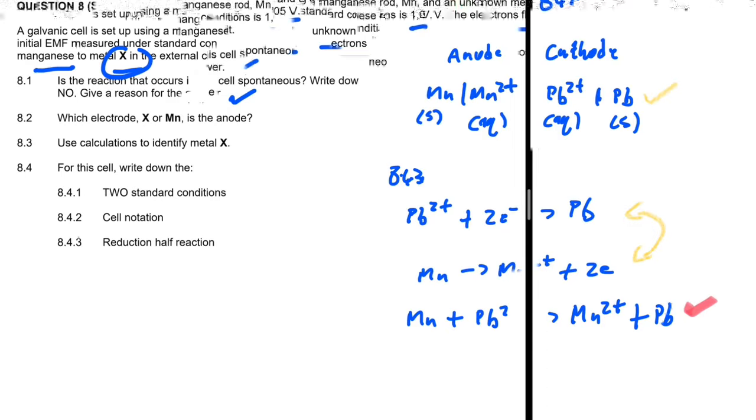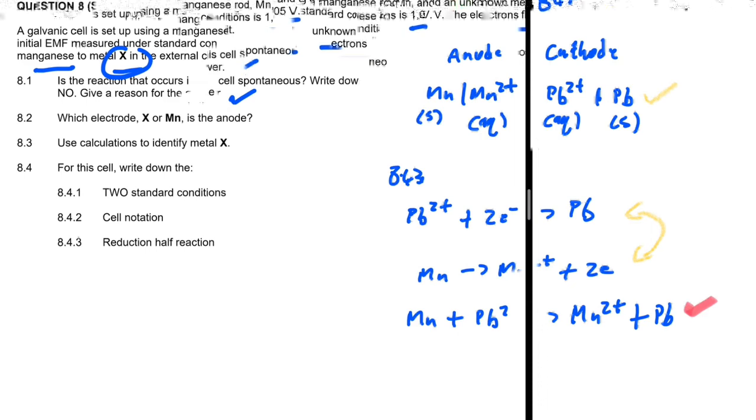Ag plus is a stronger oxidizing agent compared to copper 2 plus. We're going to have copper losing 2 electrons to form copper 2 plus, and this copper 2 plus is where the color blue is coming from. The color of copper 2 plus is actually blue.